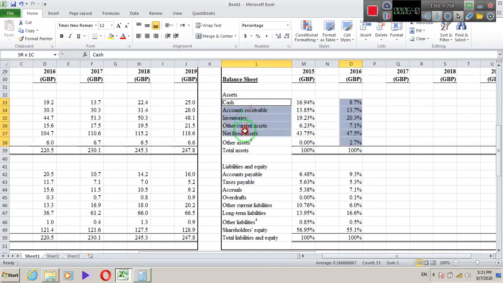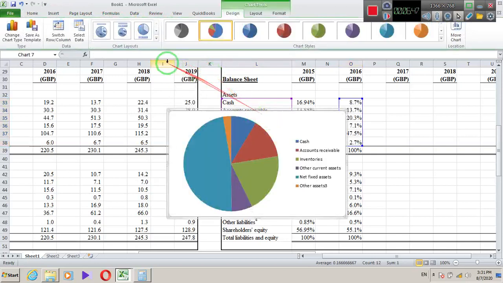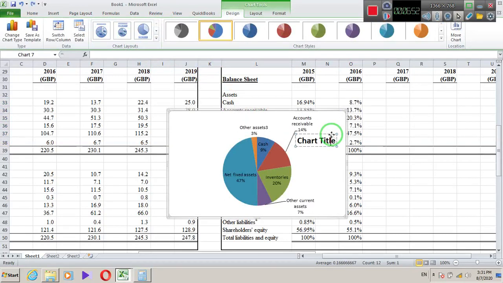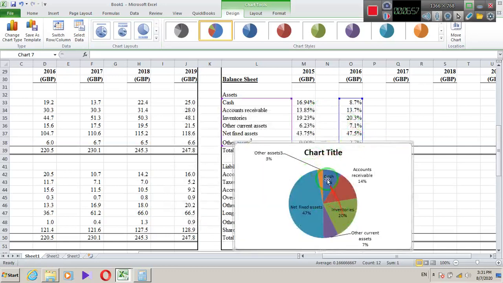And this, and insert pie chart. That is the exact pie chart that we have for 2016, in which total cash is 9%, total account receivable is 14%, inventory is 20%, in which other current asset is 7%, net fixed asset is 47%, there is other asset, and that is cash.